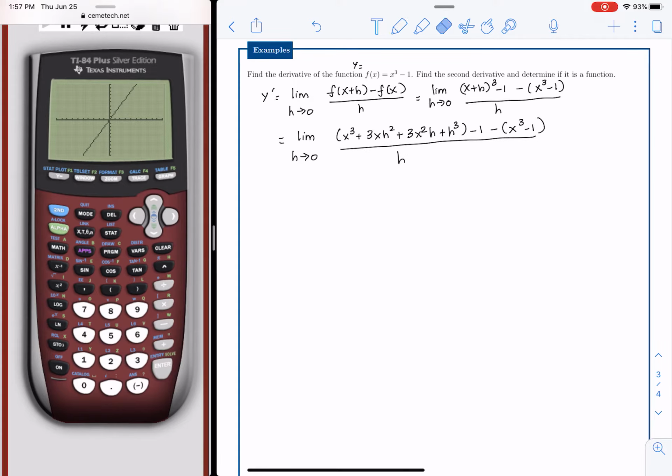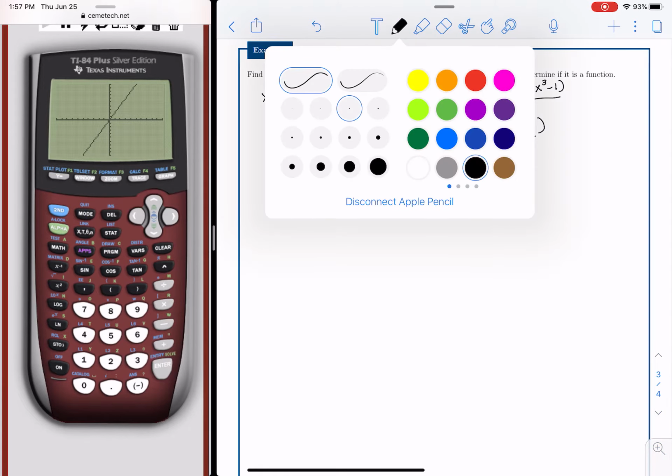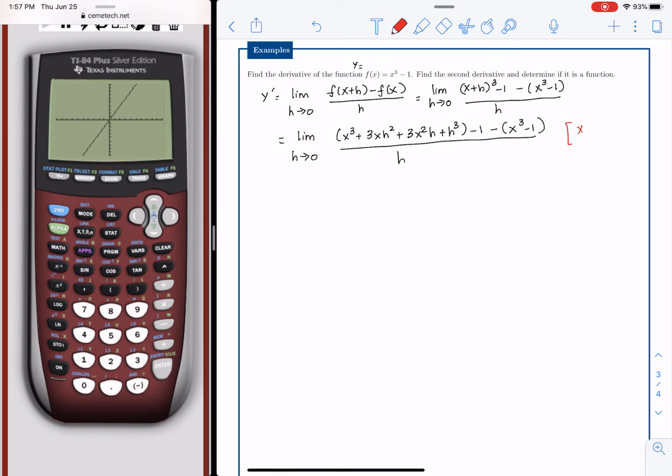So I want you to try this. x plus h cubed is simply x plus h times x plus h times x plus h. If you FOIL and simplify, it is going to equal that over there.